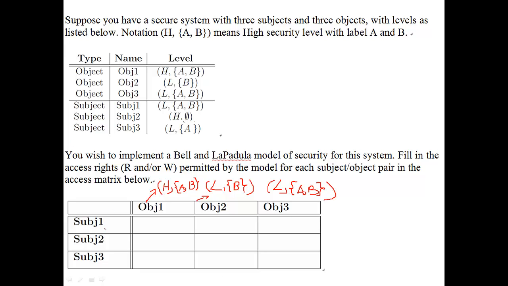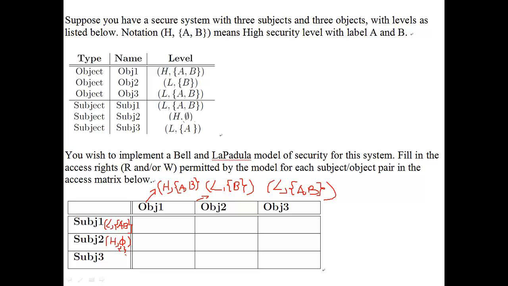For the subjects, we do the same. Subject 1's level information is here. Subject 2's level information is here. Here, we already know this means the empty.